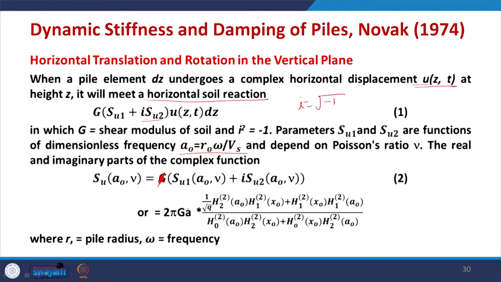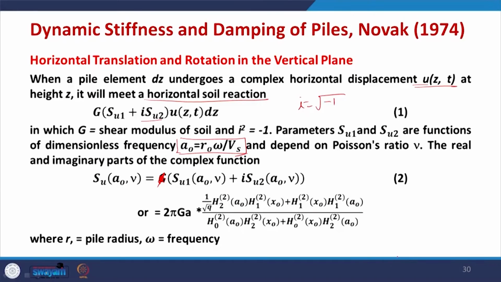So, one thing is that S_u has two components, one is S_u1 and another is S_u2. Both of these components are functions of a_0 and nu. What is a_0 here? a_0 is the dimensionless frequency, which is defined here, where r_0 is the radius of the pile, omega is the frequency of excitation, and Vs is the shear velocity. So, S_u1 and S_u2 both will vary with frequency, but not only with frequency, they will also vary with Poisson's ratio.